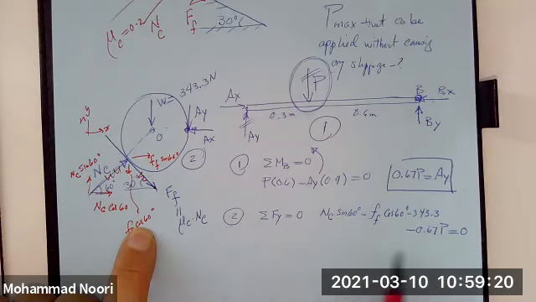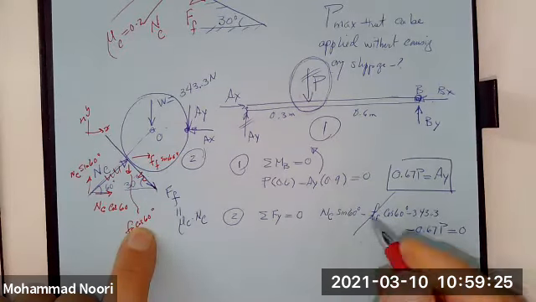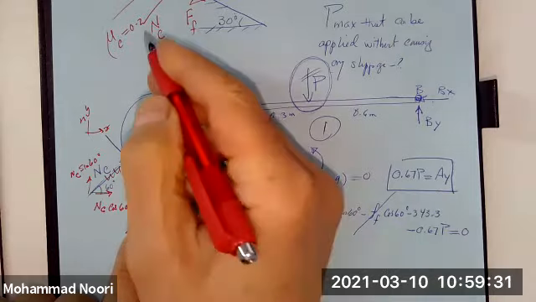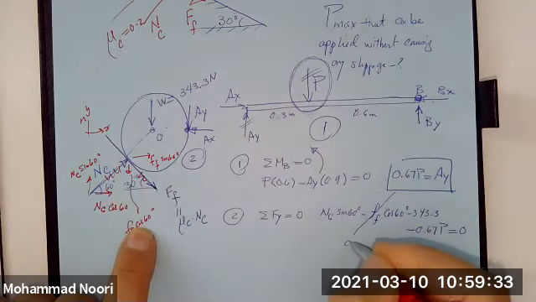So let's simplify this, okay. F of F, we said, is mu sub C times NC. Mu sub C is given. So this is 0.2 N sub C.